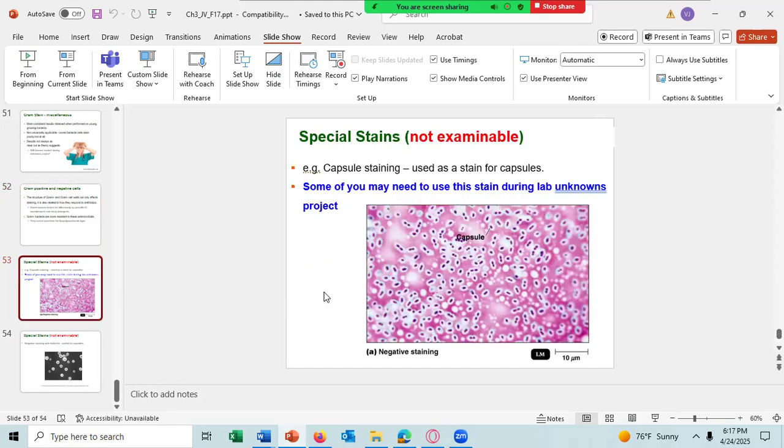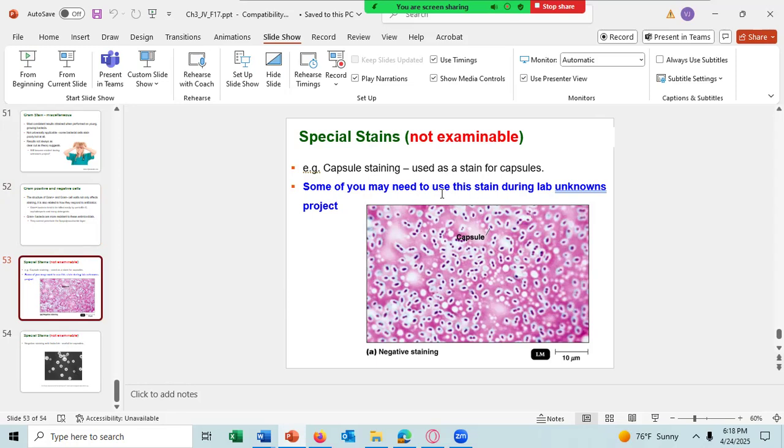All right. Special stains, you're not going to be examined on this, but you do need to know about special stains for your unknown project. Some of you may wish to perform the capsule stain for your unknown project. The capsule stain is a special stain, staining the cell's capsule. Here we have a negative stain.